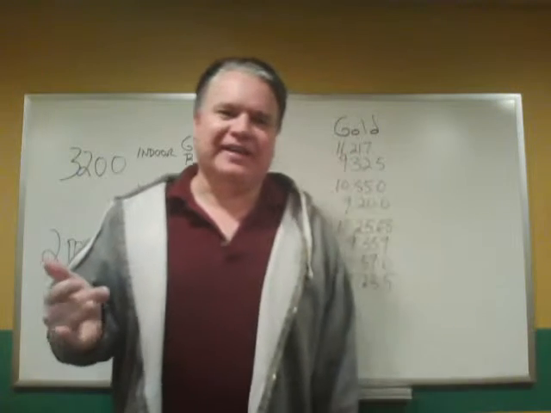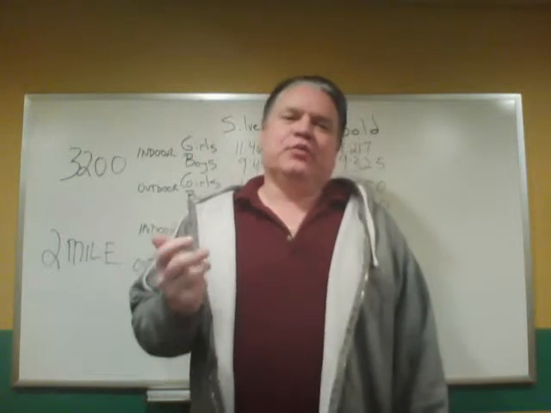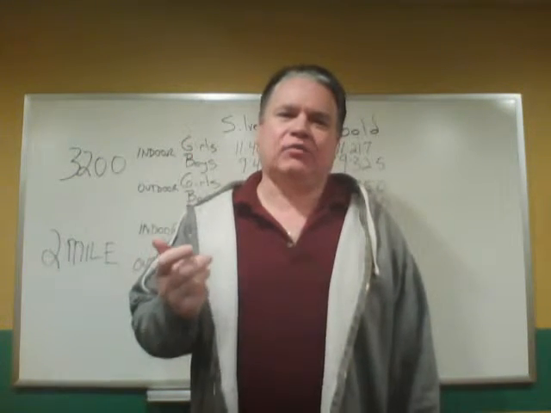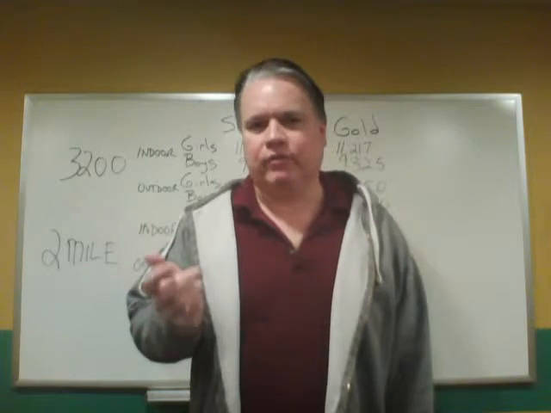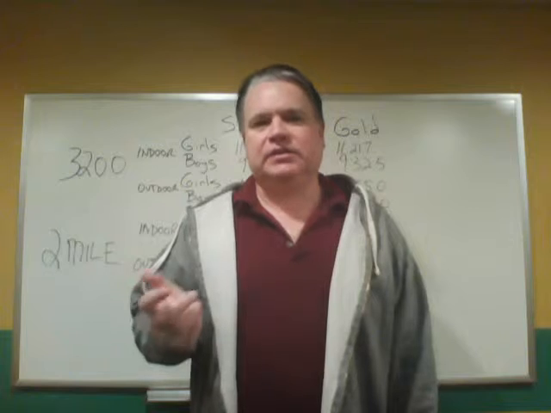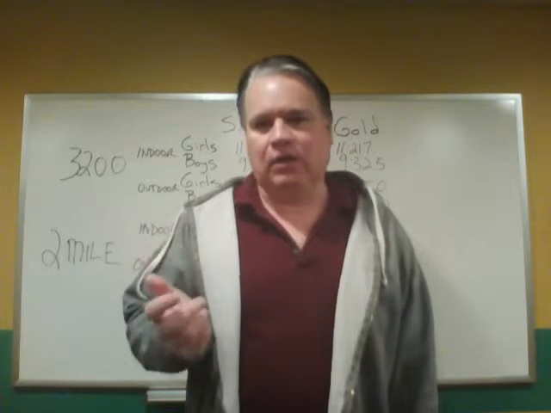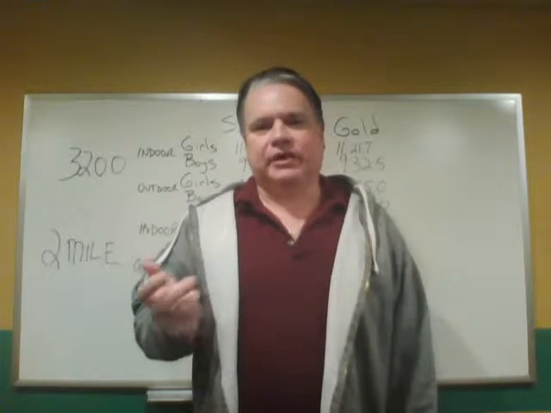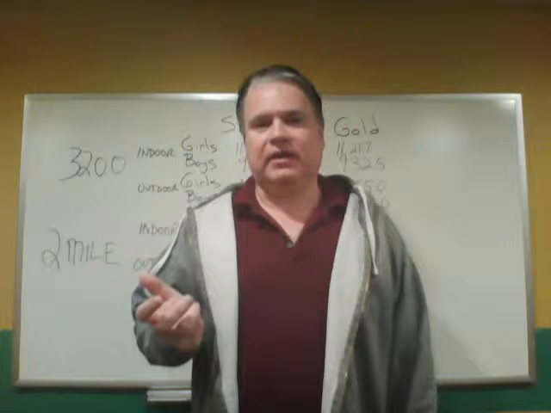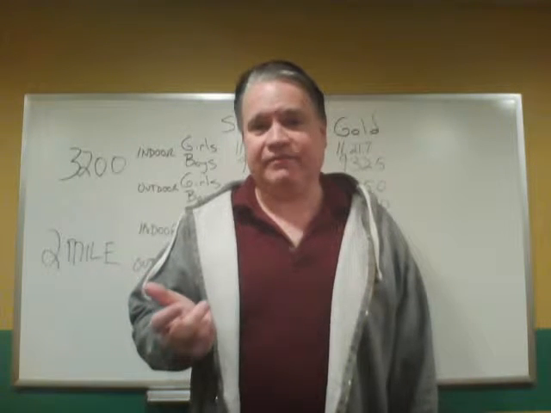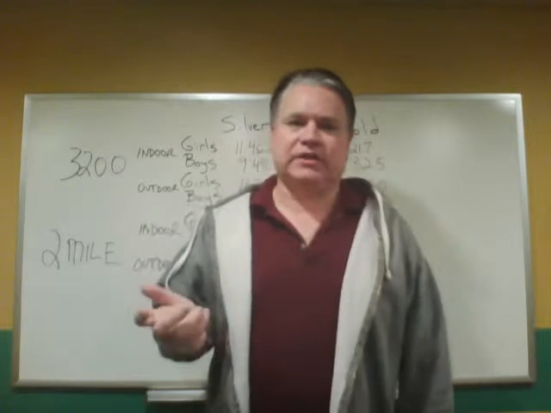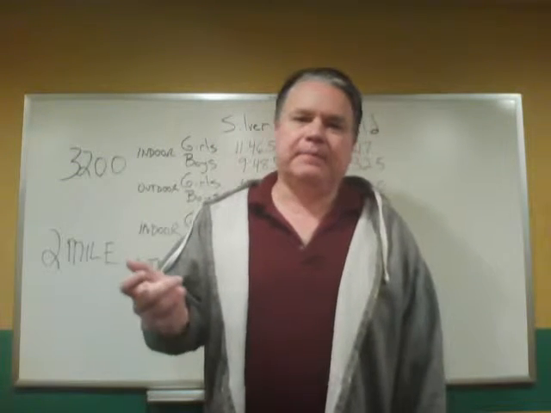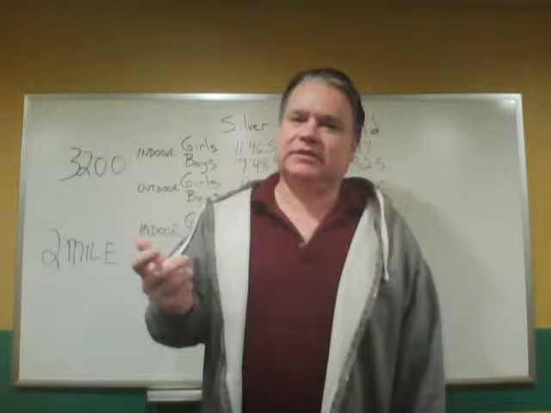The 3200 is really a race that many runners just don't want to run because it is very long. I mean, you're talking about running 2 miles on the track. That's tough. Yeah, sure, the overall pace is slower, but it's a tough race.